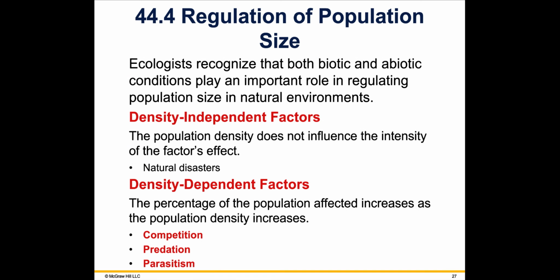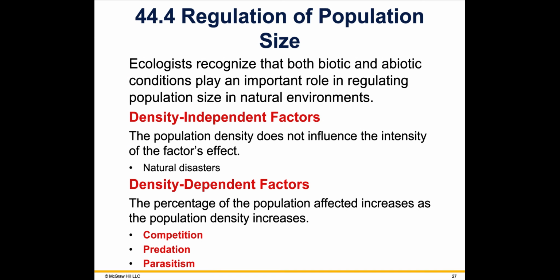So we have something called density independent, where the population density does not influence the intensity of the factor. So if I have a population of, say, palm trees here on the coast of Charleston, it doesn't matter if I have one palm tree or 1,000 palm trees. If a hurricane comes to Charleston, those palm trees are impacted.